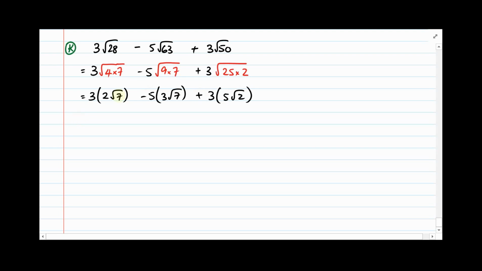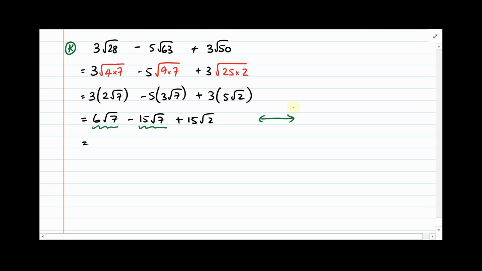And again, I multiply the integer parts. And we have 6 root 7, minus 5 times 3, 15 root 7, plus 15 root 2. And now when we look at this, the only like terms are these two with the root 7. Root 2 is an unlike term.